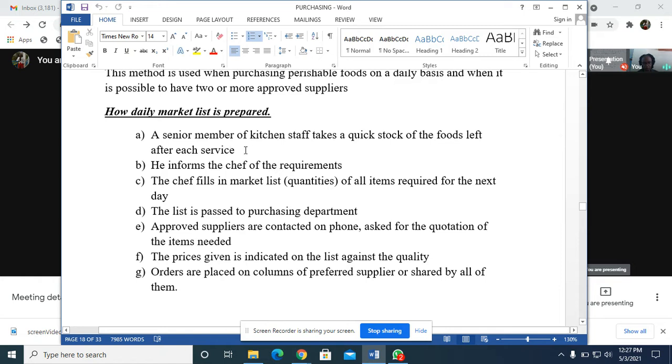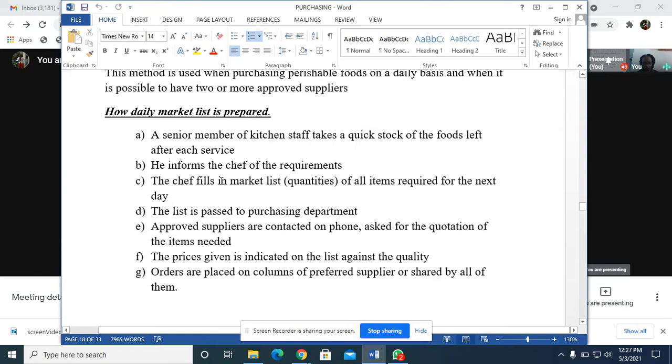A senior member of the kitchen staff takes a quick stock of the foods left after each service. So that means that the commodities that have been left in the stock or in the store are taken stock of, and whatever is remaining is recorded.